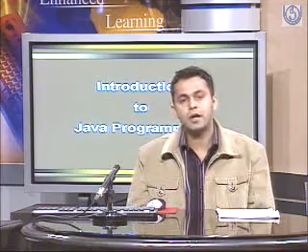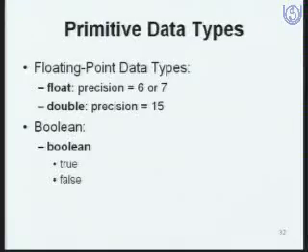Primitive data types are the data types which are predefined in Java. You need not define these data types. User defined data types are the data types that you have to define in your program. Java will not provide them by default. In primitive data types, the first thing is floating point data types.